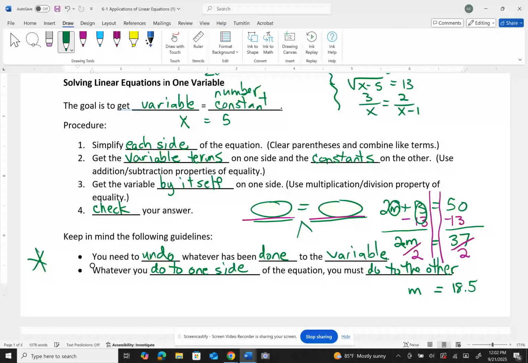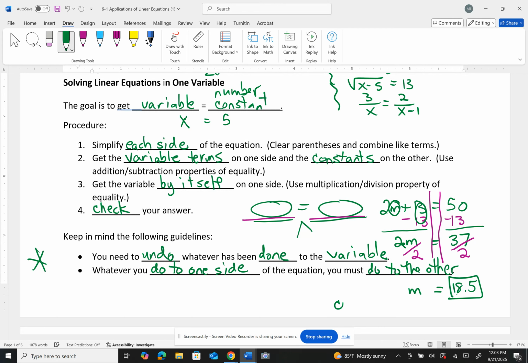And then if it is in context, like that problem was, then you have to interpret your answer sometimes. Like 18.5 wouldn't make sense as a number of movies. So if it were in context, you would go on and say, oh, 18 movies. But if you're just solving an equation, then your answer to that equation would have been 18.5.